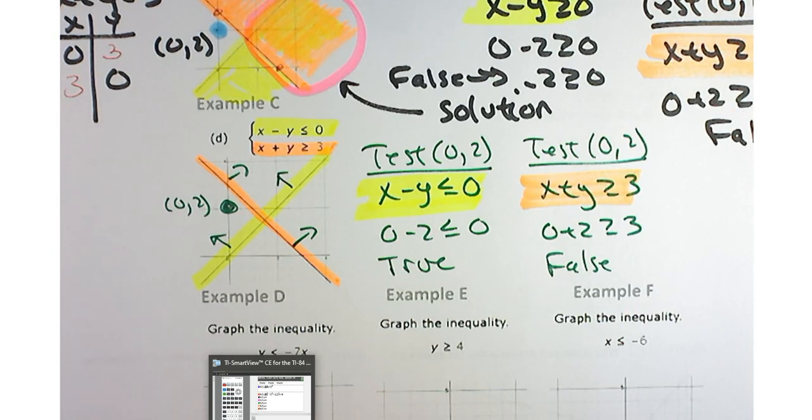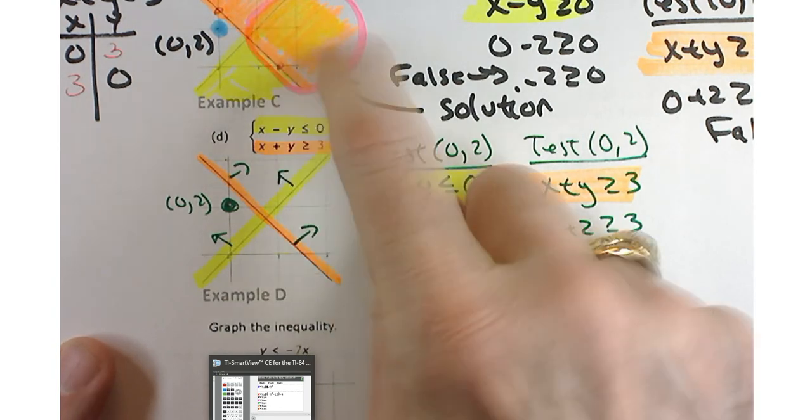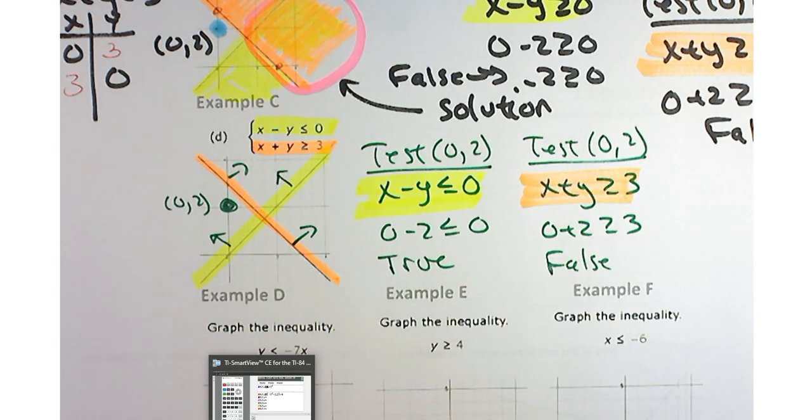Now that I figured out where I'm going to shade, your job, I'll give you a minute, especially if you're watching this at home later, is to just fill in where these shaded regions overlap. That is, instead of just drawing everything and then circling where they overlap, just give me the region where they overlap.